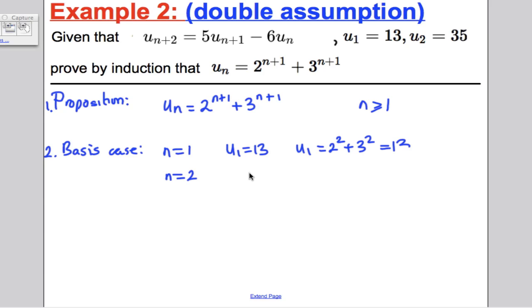You know that u2 is given to you as 35, and you know from the formula that u2 is equal to 2 to the power of 3 plus 3 to the power of 3, which is 8 plus 27, which is 35. So you know it's true for n equals 1 and n equals 2.